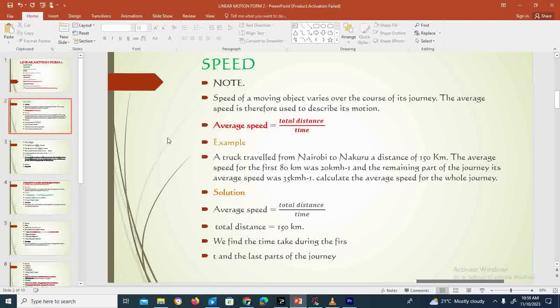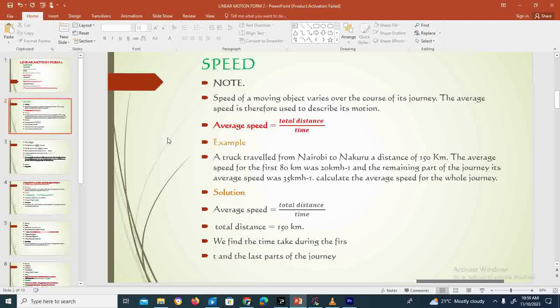For instance, a car moving from Nairobi to Kisumu, there are places it will be climbing up hills, there are places it will be climbing down hills. So the speeds are going to be different within different sections of the journey.